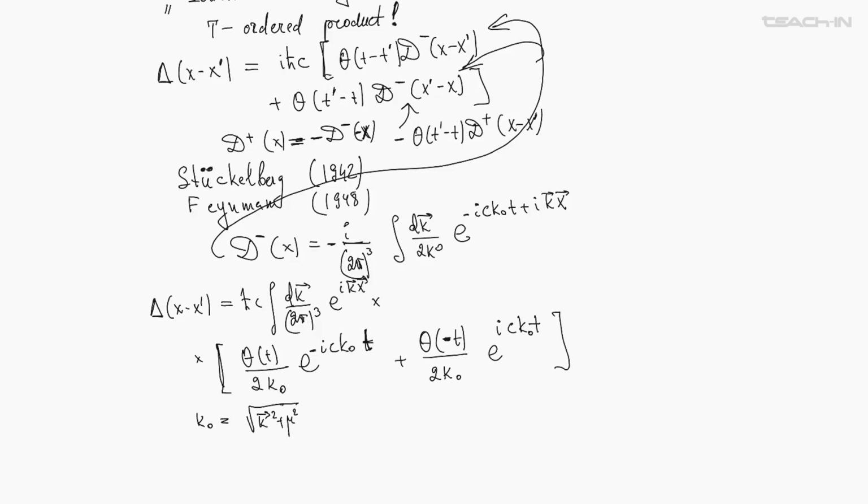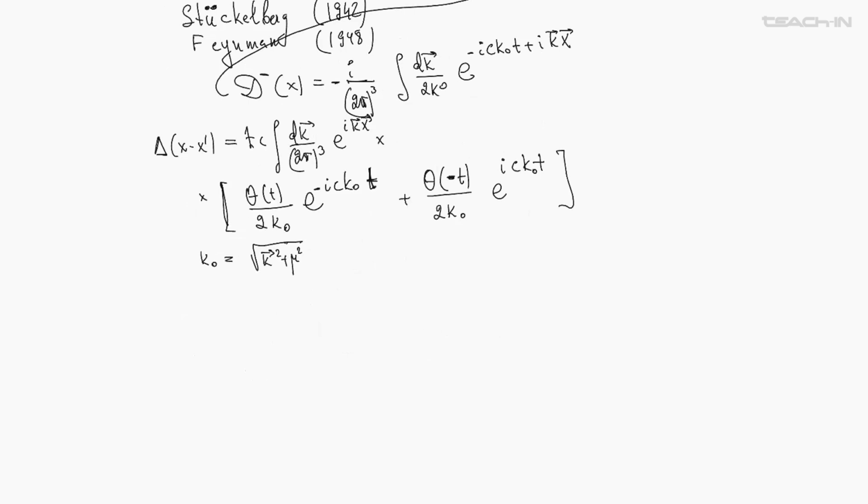And again, we will do the same trick as before. We will trade all this term here, where new integral, one more integral, taken again along the real line in the complex k0 plane.